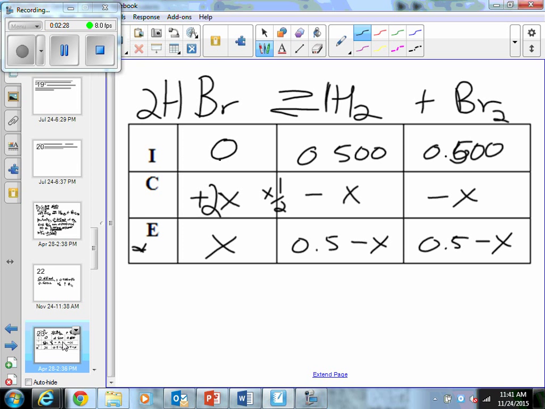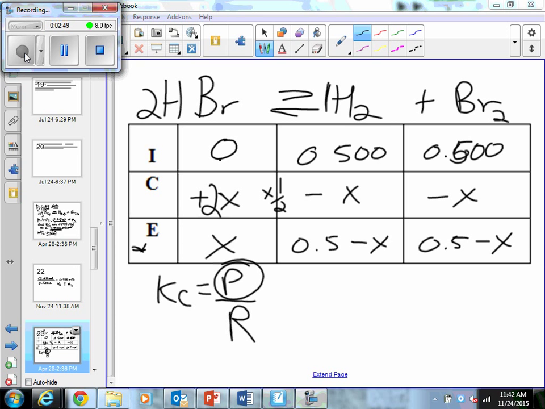Even though this is the reverse reaction happening, the H2 and the Br2 are still products of this reaction. So when I set up the Kc expression with P over R, I'm going to sub in H2 and Br2 as the products of this reaction. So when we set it all up, we're going to get, okay, we have the value for H2 and Br2.